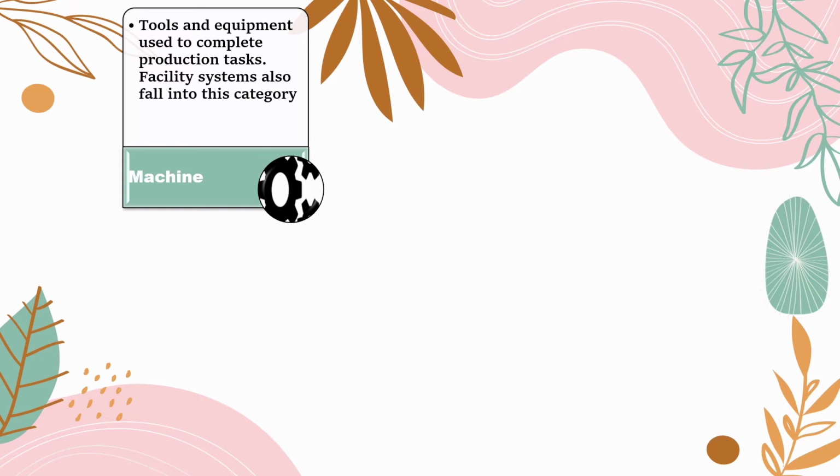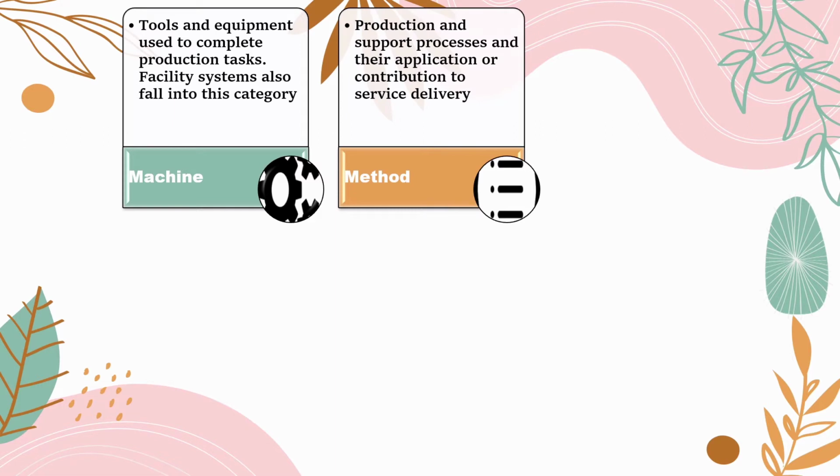For example, a problem that can be categorized into machine is a maintenance issue with tools used and the number available for operations. Second is method. Production and support processes and their application or contribution to service delivery can be categorized into method.